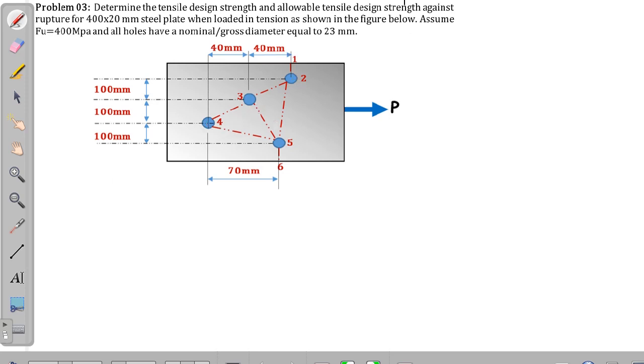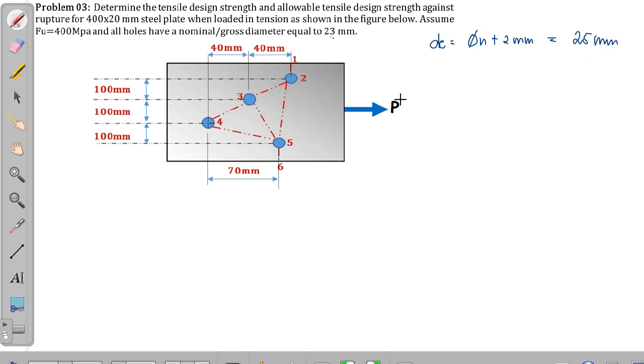So our effective diameter, DE, is equal to the hole diameter, the diameter of hole, plus 2 mm. So since this is 23, yung nominal hole diameter natin is 23. That is less than 24, kaya plus 2 mm. So this is equal to 25 mm.